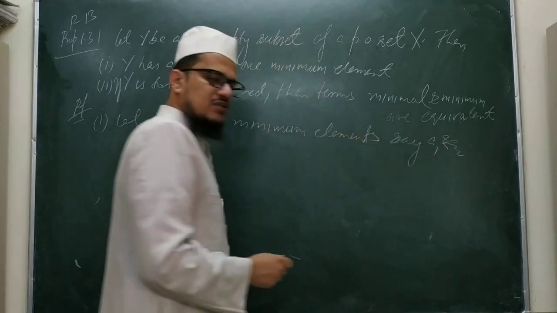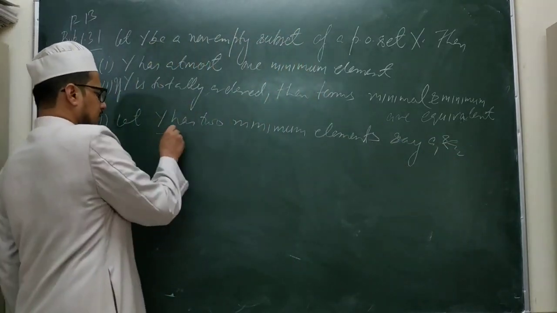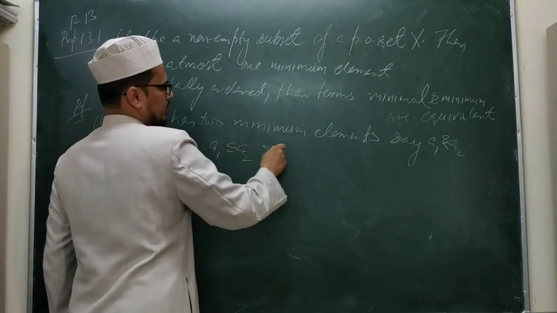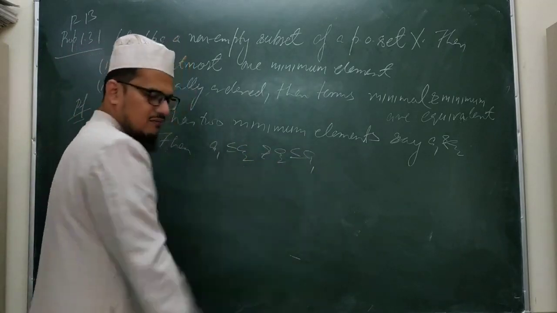Then purely from the definition of minimum, we have A1 less than or equal to A2 and A2 less than or equal to A1. This you have or not?